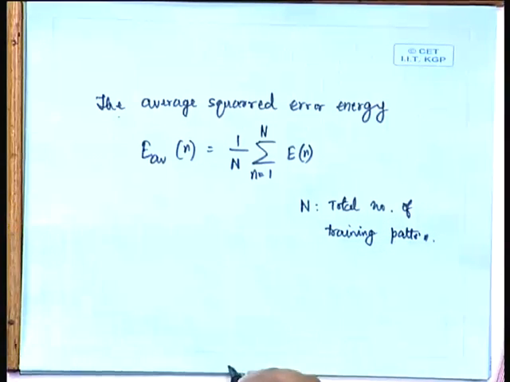Okay. Now, there could be two different approaches. One approach is that on a simple pattern by pattern basis you update the weight, the way we did for the LMS algorithm. The other approach could be that you calculate this average squared error energy, and based on it you adjust the weight once for all.